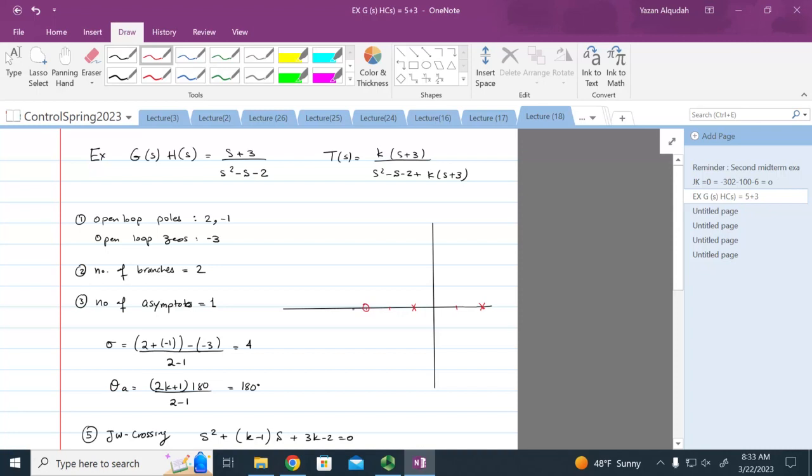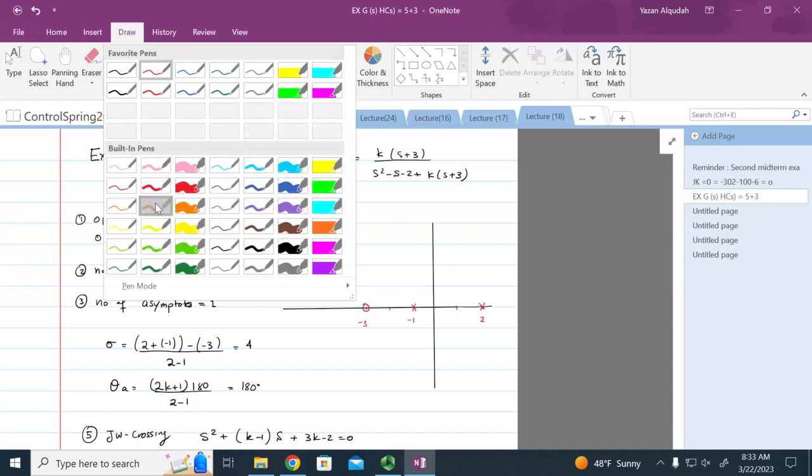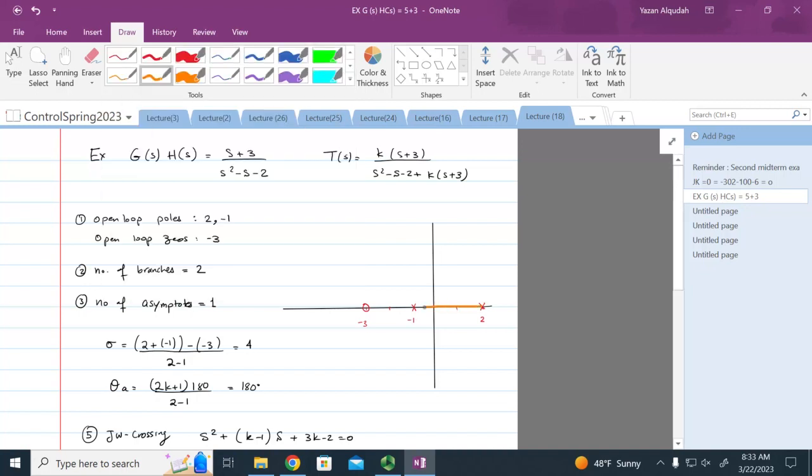Which part of the real axis is on the root locus? It's going to be between 2 and -1, and from -3 all the way to infinity.